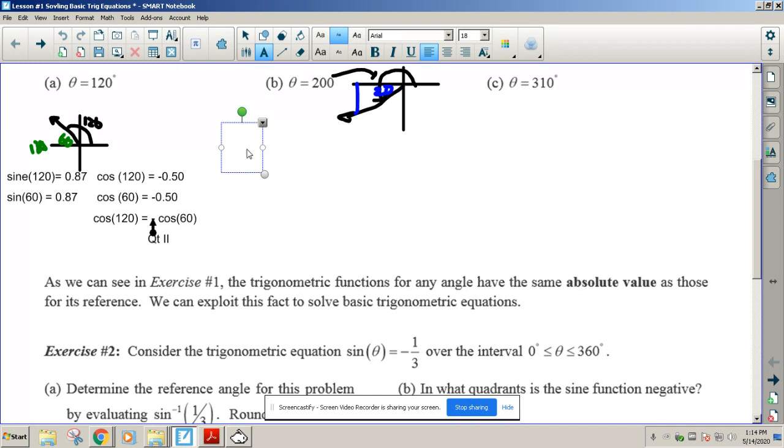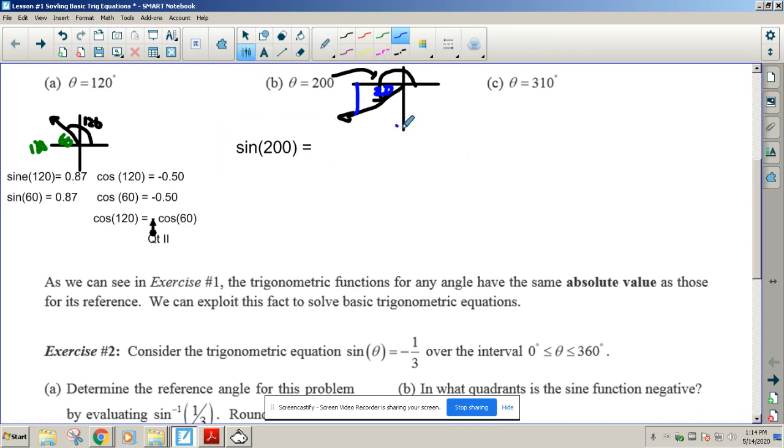Let's go back again to what we talked about with sine and cosine. So now the sine of 200 degrees is located in quadrant 3. In quadrant 3, my y is down here, which again, is what I get my positive and negative from. My sine is negative because my y is negative.